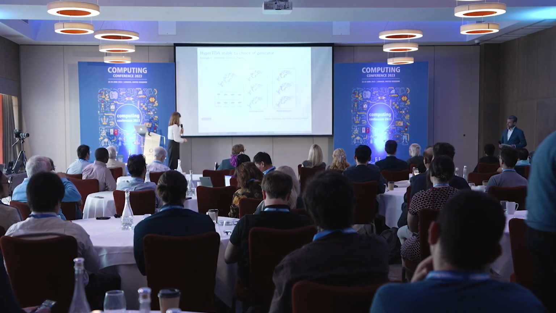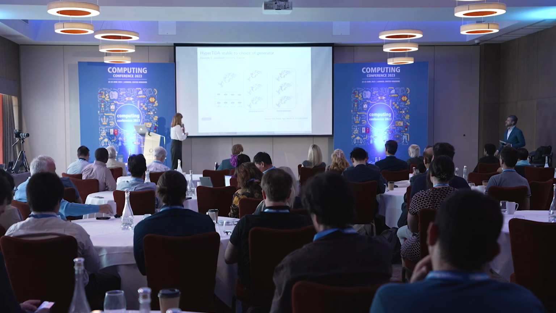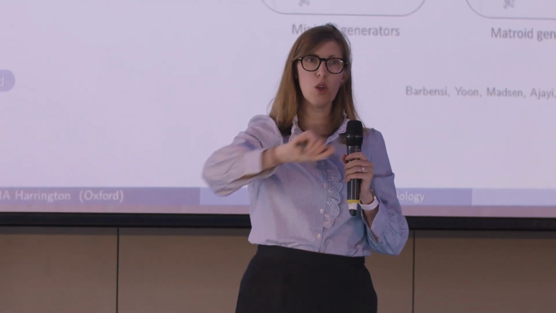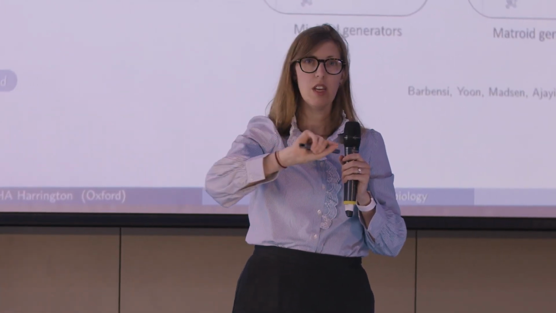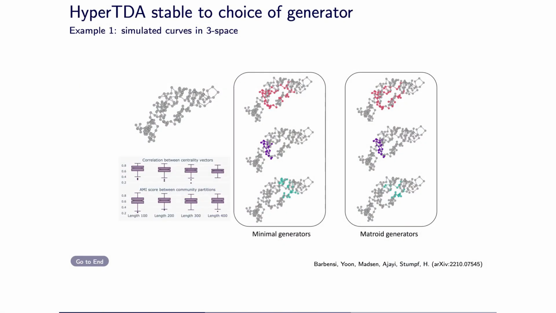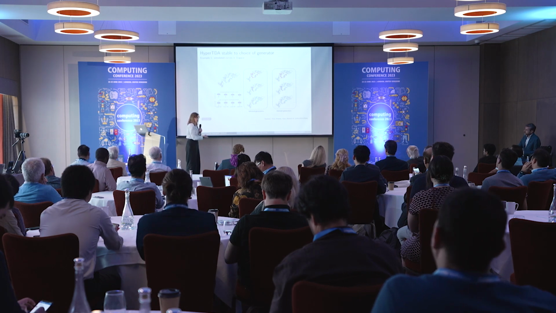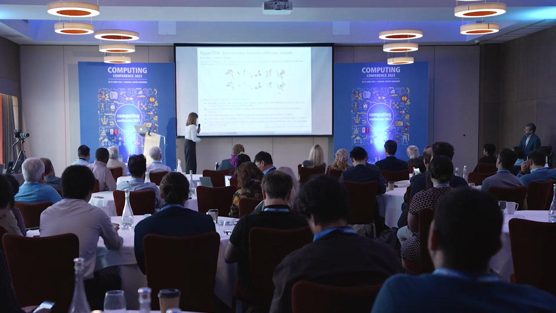Okay, so then I just wanted to say that, yeah, so generators, of course, you could imagine that the points that we select to create a loop could be slightly different. And so this is not a unique thing mathematically, but we can actually go through and show that in the case for these types of data, it is fairly stable, and there's multiple ways to compute the generators, and it is still stable.